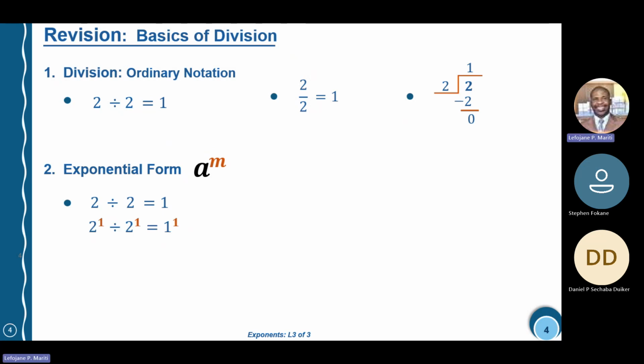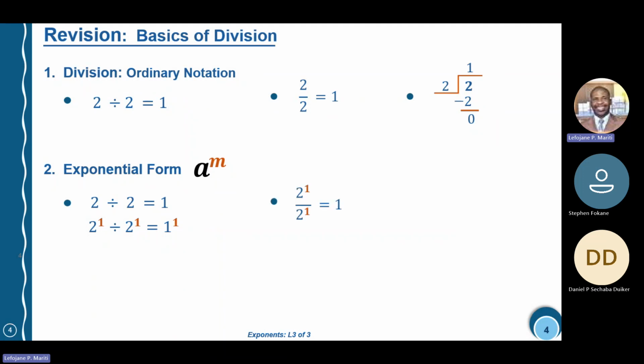Then we can apply the law of division of exponents. Because now you can clearly see there's a base with an exponent, a base with an exponent, as well as a base with an exponent. This is in the form that we want. And on the left-hand side, then we can apply the rule.